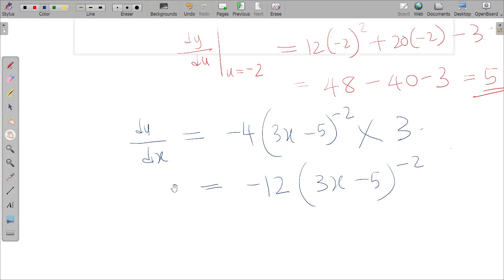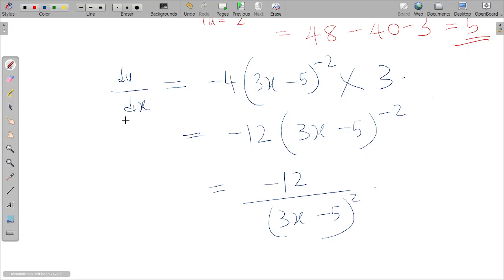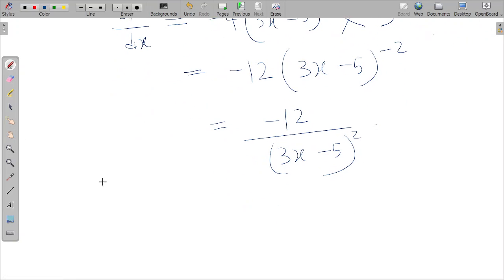This can also be written as minus 12 over (3x minus 5) raised to power 2. All right, that is du over dx, but we need to find du over dx when x equals 1.